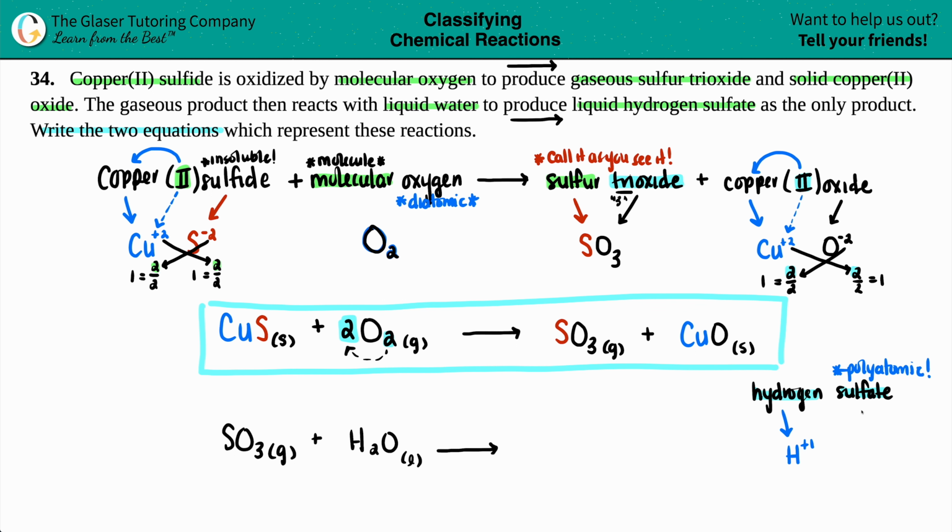Just like sulfate, nitrate, carbonate, all your -ates you should have under your belt. So just take some time, use your flashcards to memorize the polyatomics. But sulfate, from memorizing, is SO4 with the 2- charge. Polyatomics will always be the same number of elements for whatever they're called, with the same charge. So sulfate is always going to be SO4 2-.